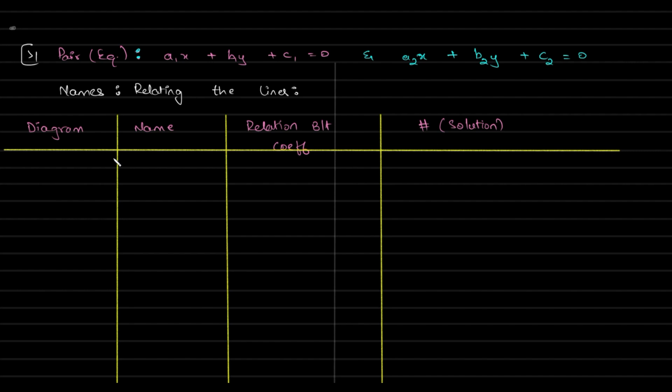If you want to pause, you can pause and think it out. I'll be telling the answer now. So yeah, we are looking at this way. That is, they are crossing each other. They're next to each other, never touching.